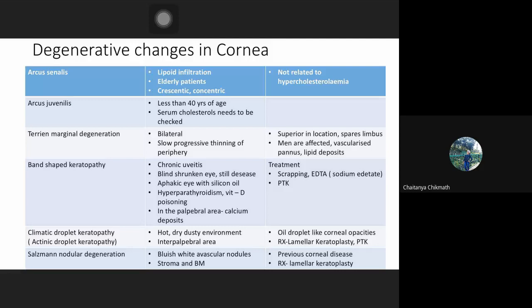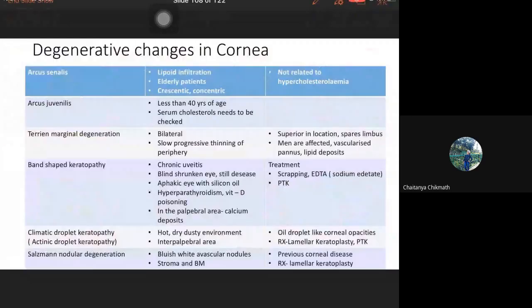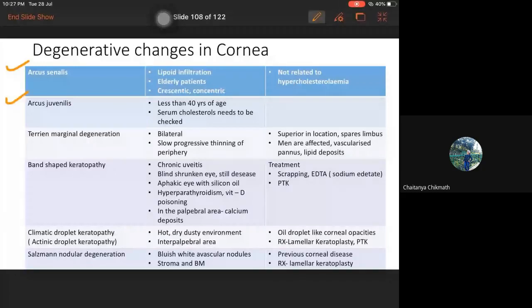Coming to the degenerations, you have six types of degeneration. If you look at the diagram, it's easy to remember. These are the six most common types, frequently asked in the exams, and you should know them. To begin with, you have arcus senilis, arcus juvenilis, Terrien's marginal degeneration, band-shaped keratopathy, climatic droplet keratopathy, and Salzmann's nodular degeneration.